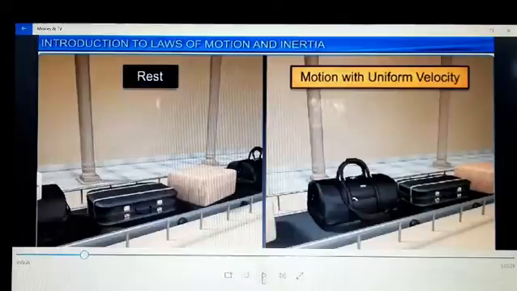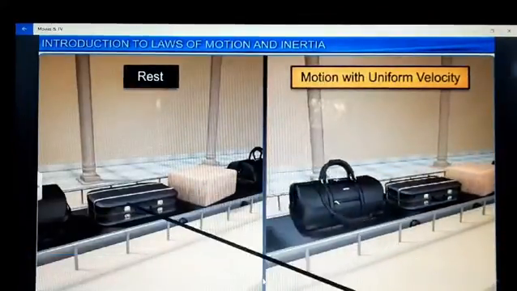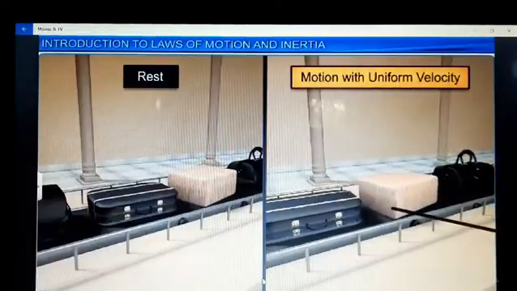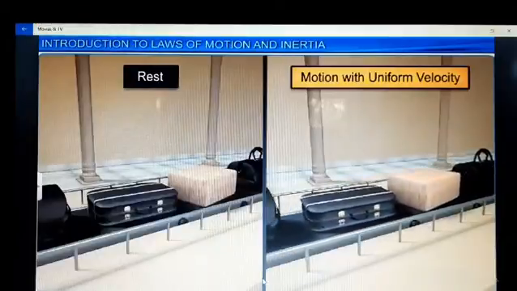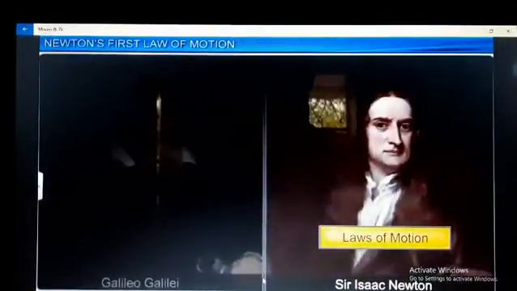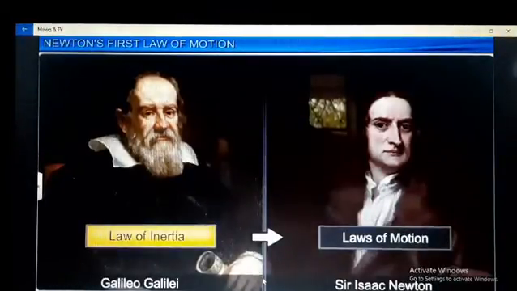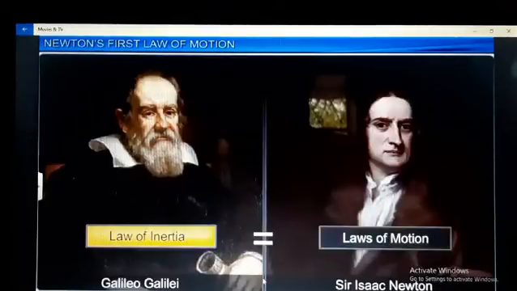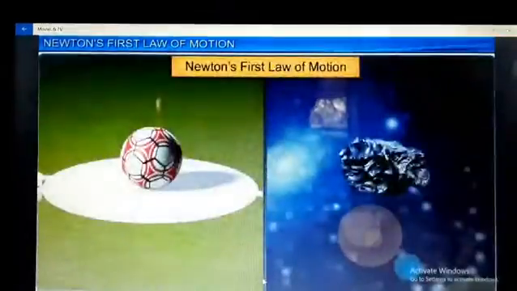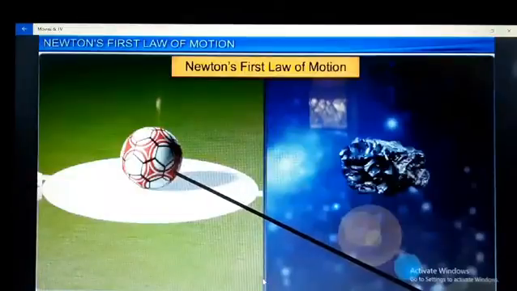Look here. Here some bags are at rest, but all these bags are in motion with uniform velocity. This is Isaac Newton and this is the scientist Galileo. According to Newton's first law, this is a football.